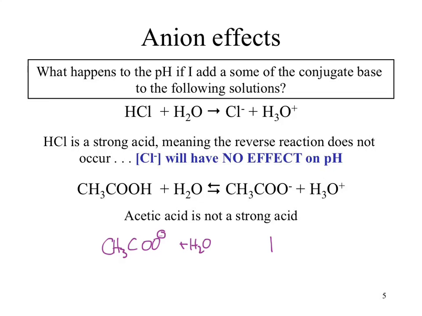We add an H to our acetate ion. I'm going to put it out in front so that we know it's there. Plus, still back to the same question, plus what? OH minus.